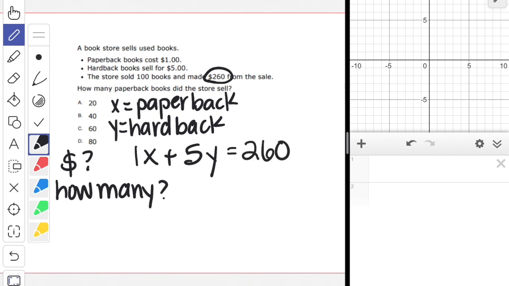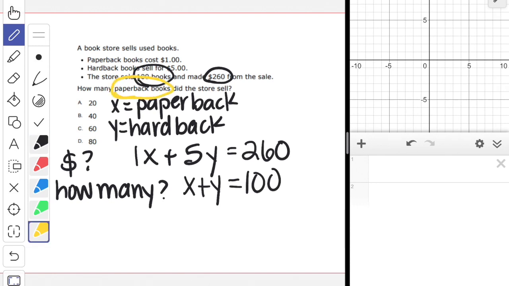Now the how many, they sold 100 books. So that's going to be x plus y equals 100. Now, they want us to solve for paperback. So if we're solving for paperback, we're solving for x. And if we're solving for x, then we want to eliminate y.